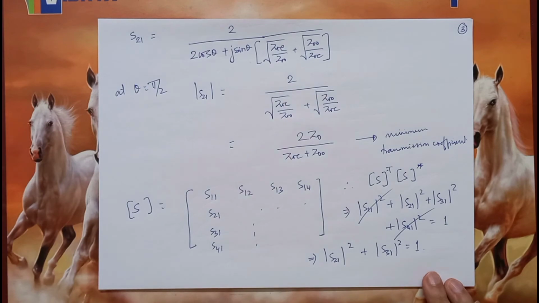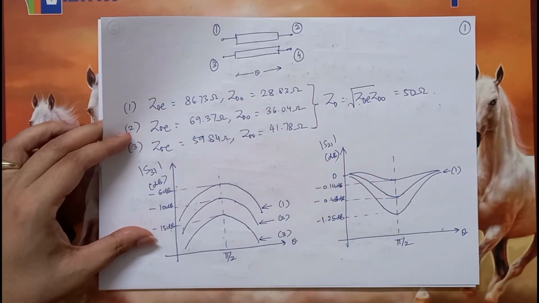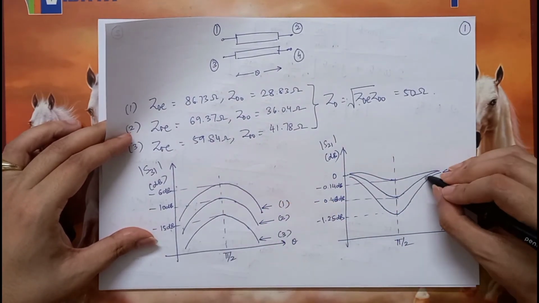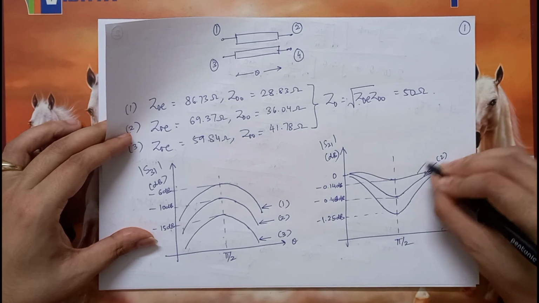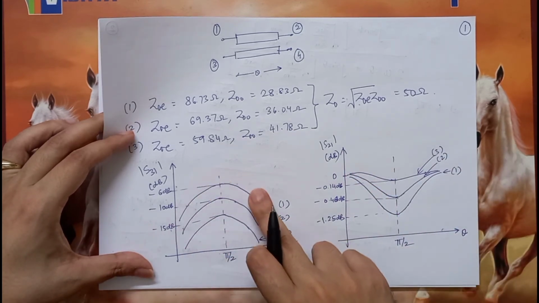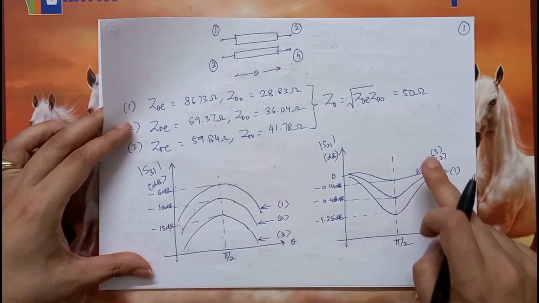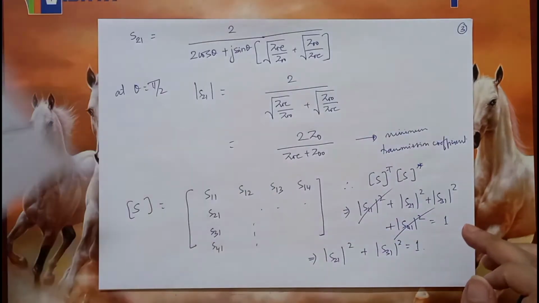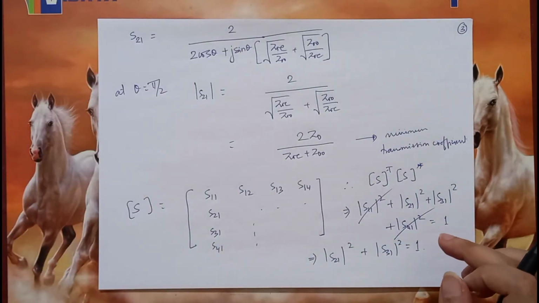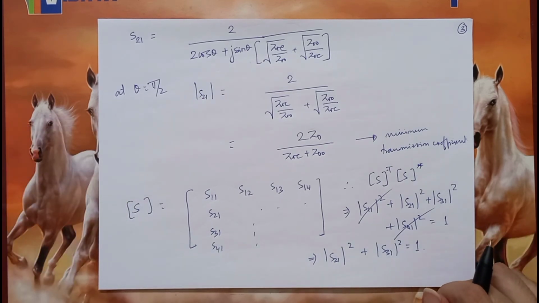Therefore, what we see is that if you increase the S31, the S21 reduces. And if you decrease the S31, the S21 increases. So it is again indicative of a trade-off.